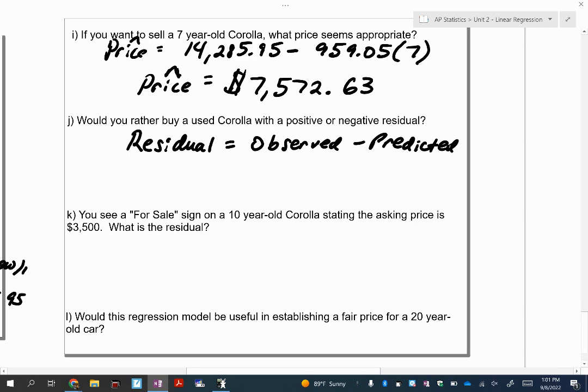That means I'm paying more than the model thinks I should, and that's not what I want. I want a negative residual, because that means I, the consumer, am getting a deal. I'm paying less money than what the model thinks I should.